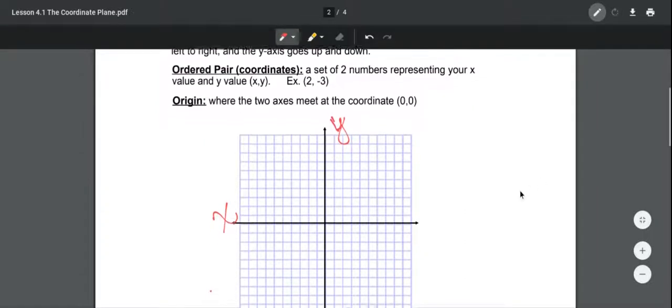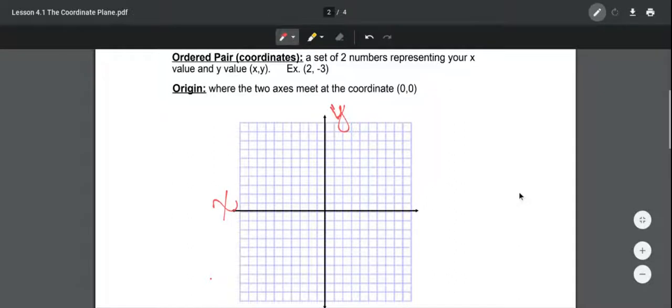An ordered pair, or coordinates, is a set of two numbers represented by your x value and y value, otherwise known as xy.